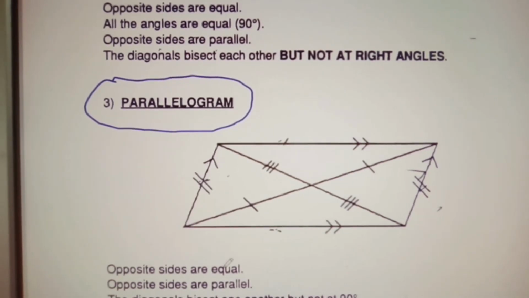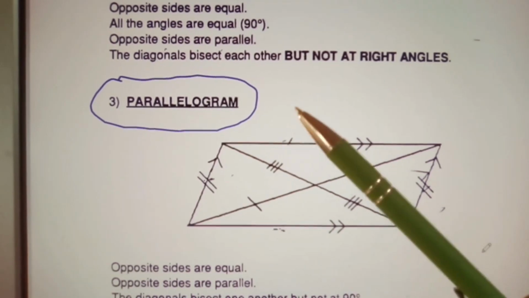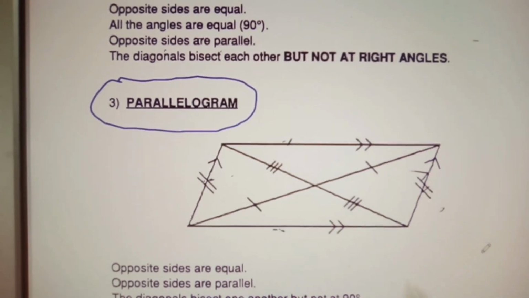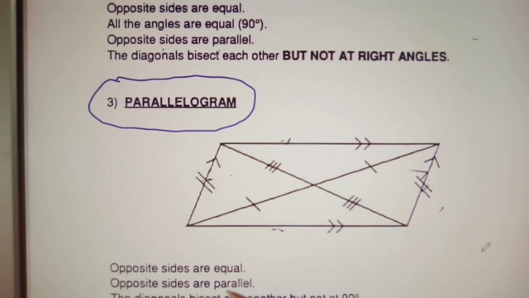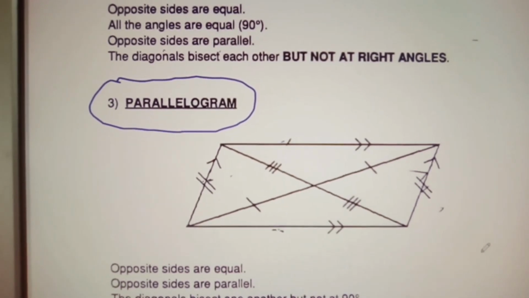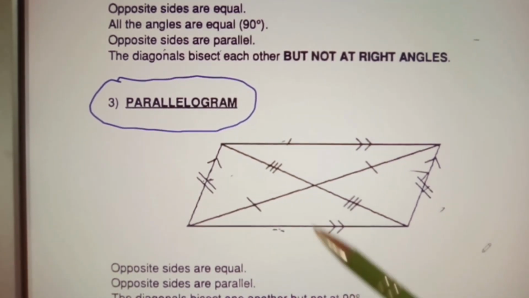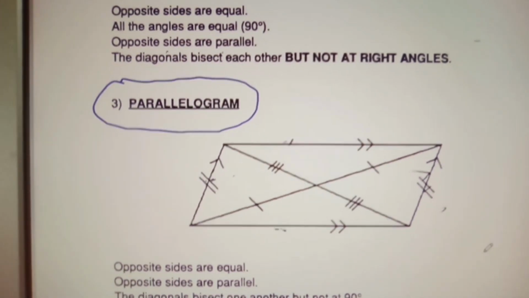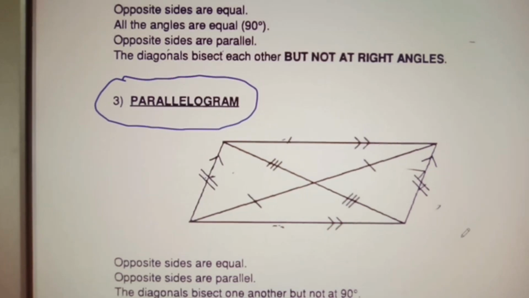Opposite sides are equal, and opposite sides are parallel, again running with each other. The diagonals bisect one another, but not at 90 degrees, and we've shown you why already. Bear that in mind.